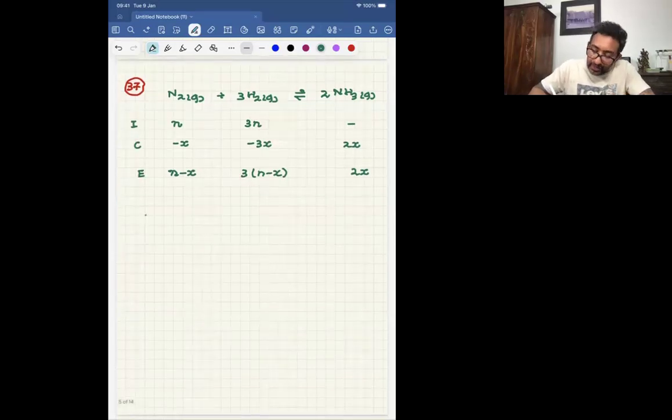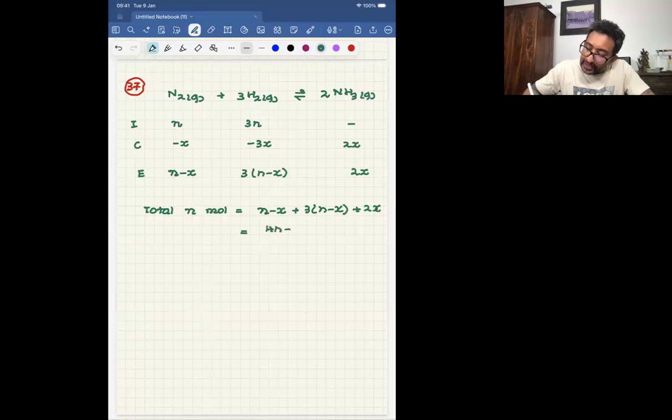At equilibrium, look at the total number of moles. What is that? n minus x plus 3 times n minus x plus 2x. What does it mean? 4n minus 4x plus 2x. So meaning 4n minus 2x, right? That is the total number of moles.